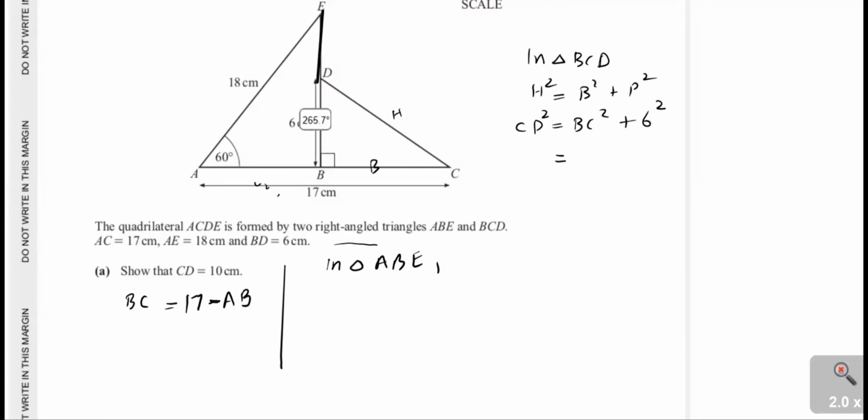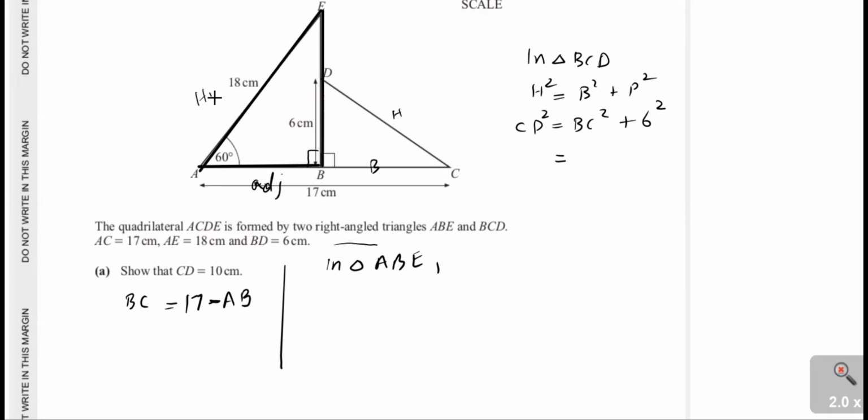Look here, in this right angle triangle, we can calculate the length of AB by using the trigonometric ratio. Firstly, we will mention the hypotenuse in this triangle. This is the hypotenuse, 18 centimeters. The length AB is the adjacent side to the angle 60 degrees.